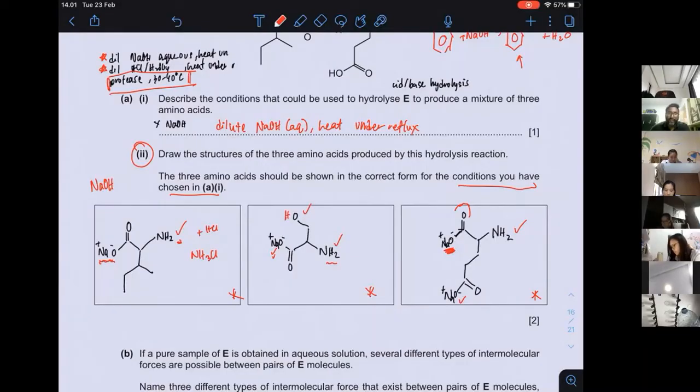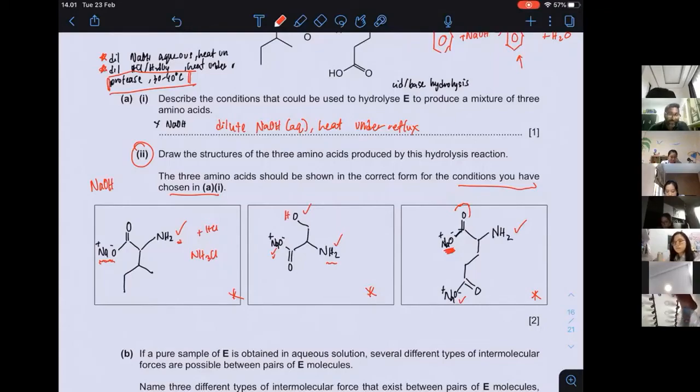If I write NH3, do I still get a mark? If you simply write NH3, do you get a mark? I don't think so, but let me check the marking key. Aneta, it says amino acid in any ionic or non-ionic state, and amino in the correct ionic state.